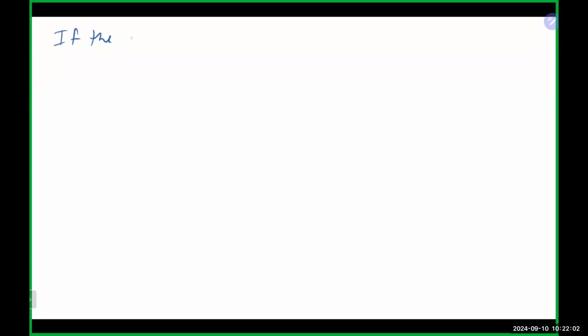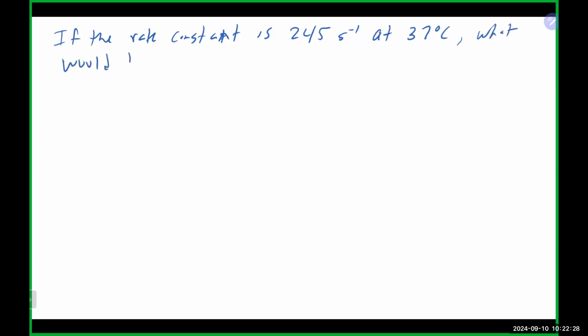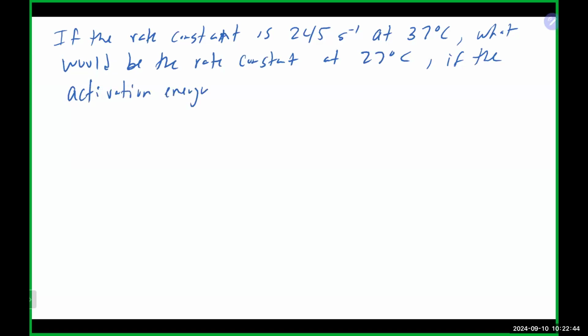If the rate constant is 245 reciprocal seconds at 37 degrees Celsius, what would be the rate constant at 27 degrees Celsius if the activation energy is 45.6 kilojoules per mole?